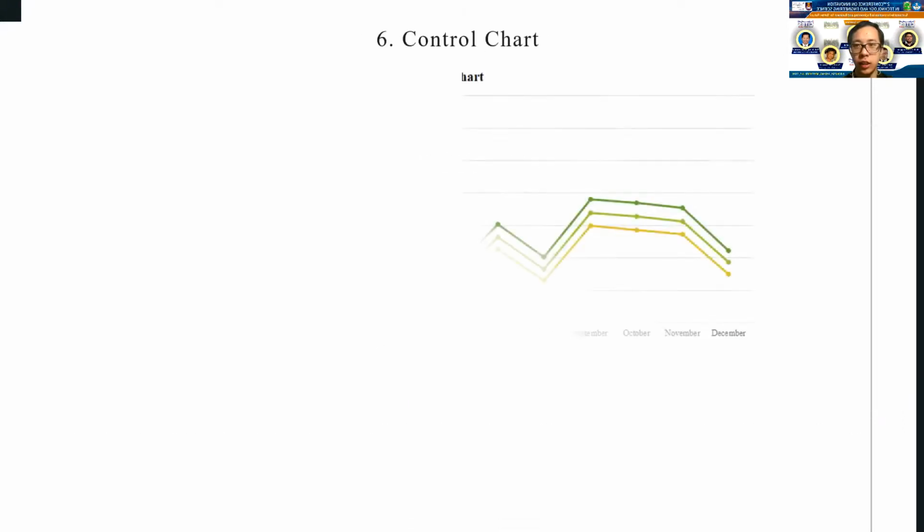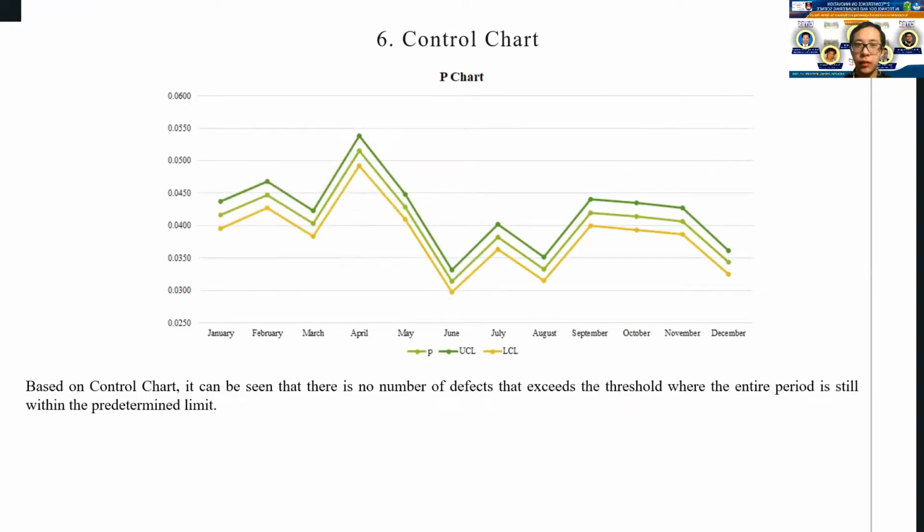This is about control chart. From the control chart, we can see that there is no number of defects that exceeds the threshold; the entire data is still within the predetermined limit.